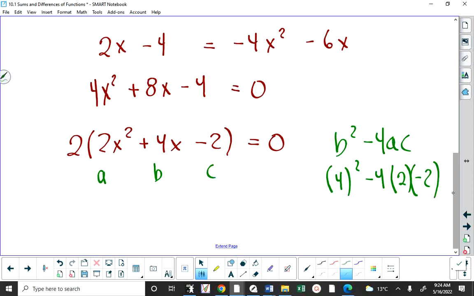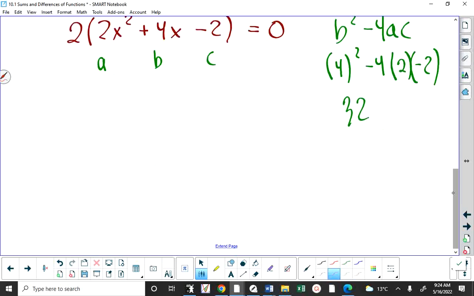This becomes positive 16, because the negative times the negative gives you a positive. 16 and 16 is 32. So it's not factorable. Your solutions are going to be negative b, negative 4, plus or minus the square root of that thing, all over 2a, which would be 4. And that would give you your solutions.